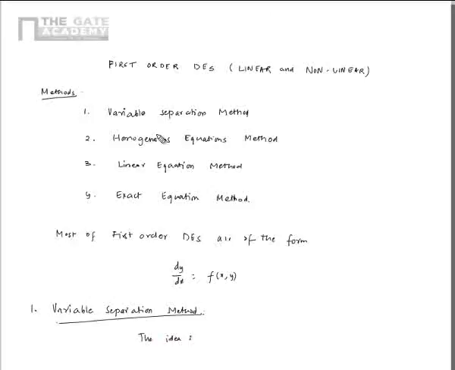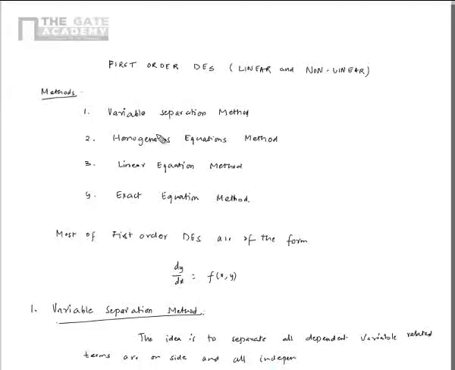The idea is to separate all the dependent variable related terms. Dependent variable means, mostly it is y, or the unknown function terms. So if you are able to bring all the dependent variable terms on one side, and all independent on the other.